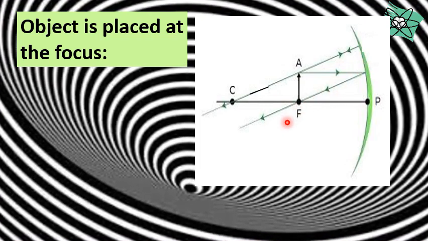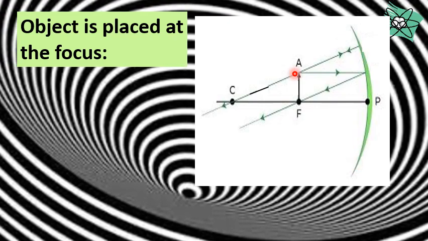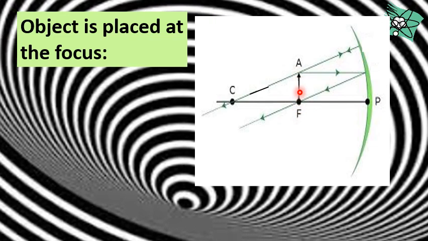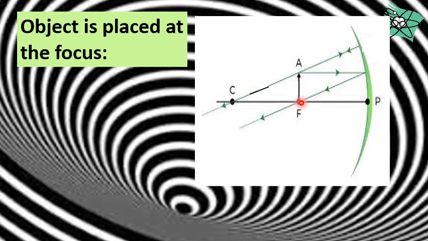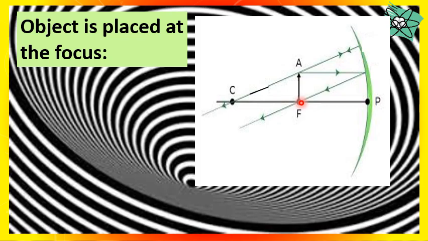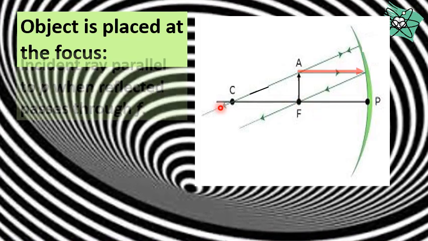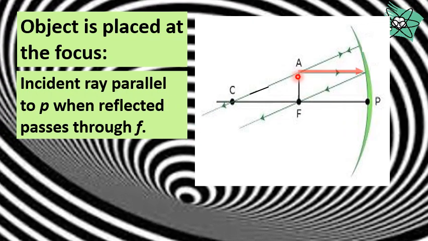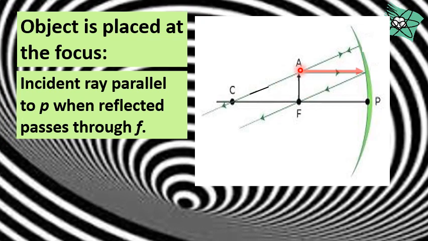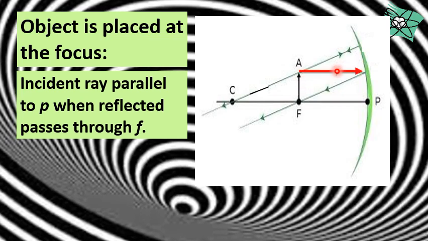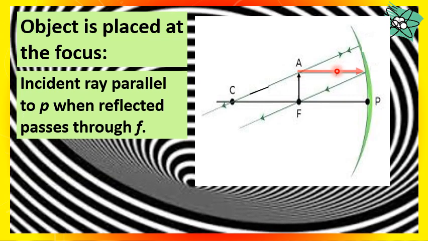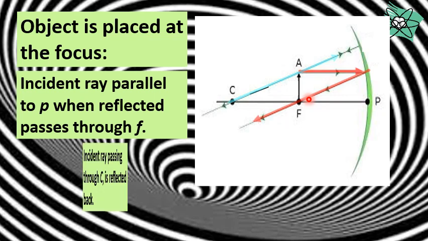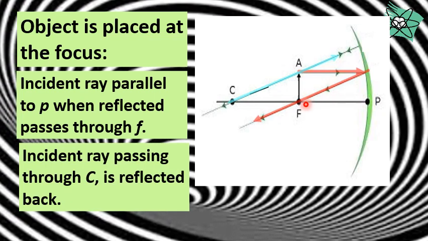As already shown here, the object is exactly located at the focus of the concave mirror, or DO is exactly equal to the focal length F. So starting with a ray that is parallel to the principal axis, the ray coming from the tip of the object, when reflected from the concave mirror, it is going to be reflected such that it passes through the focus, right?